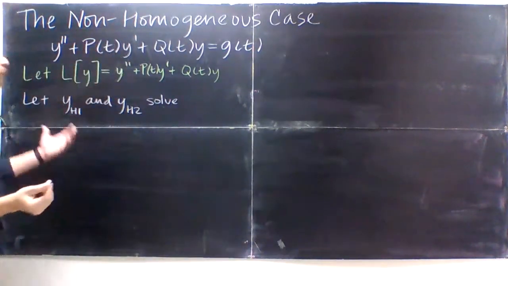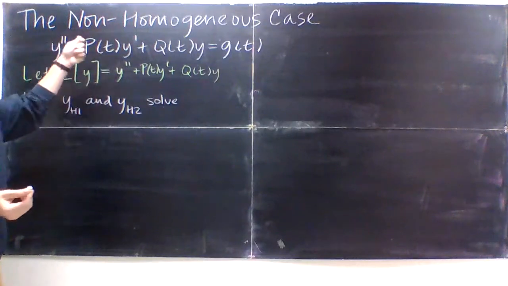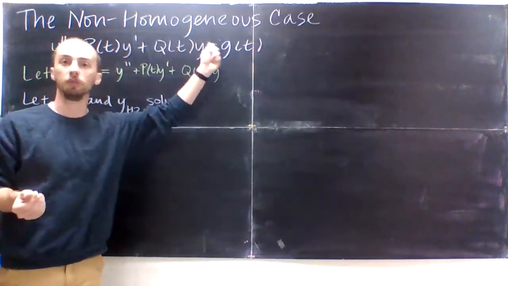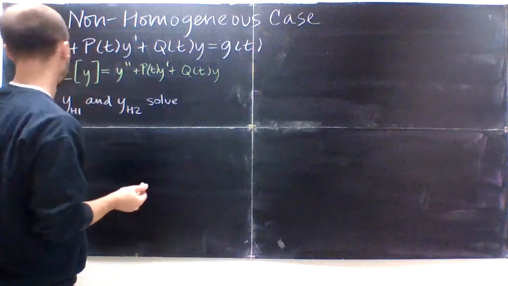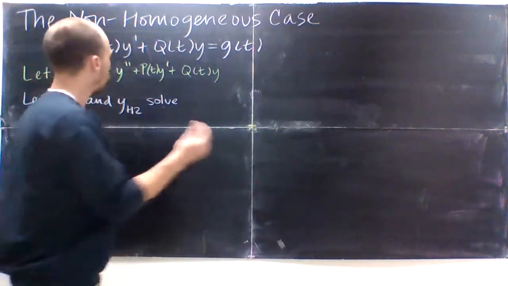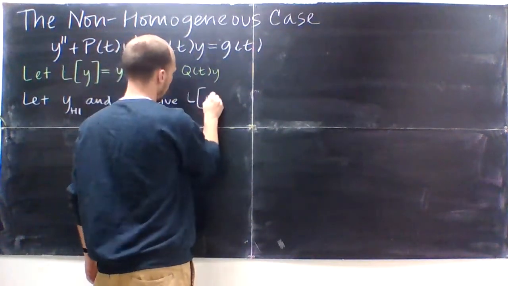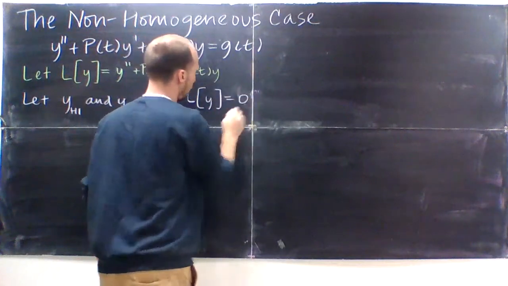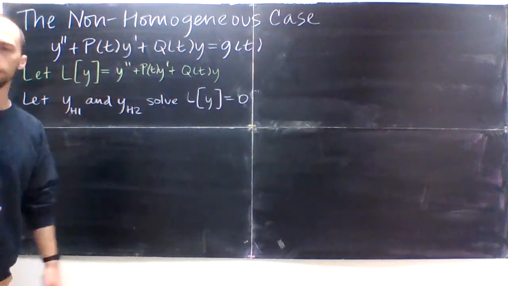And so rather than saying y double prime plus p y prime plus q y equals 0, that's what I want these two to solve, I'll just call that L of y equals 0. That's going to be the homogeneous equation.